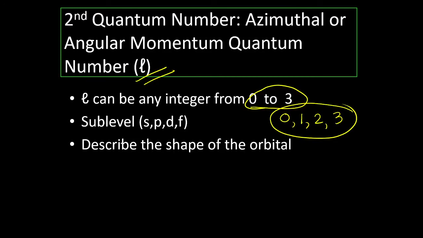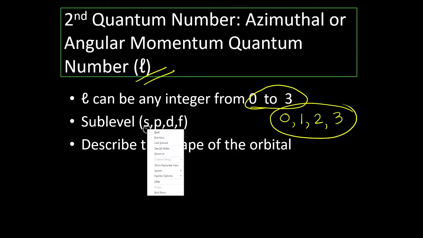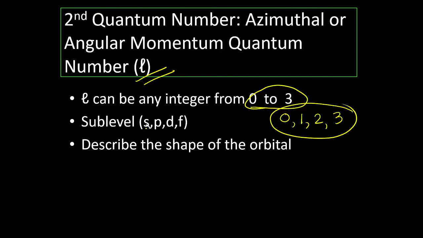Kung S ang subshell nga given, ang iyang number ana 0. Kung P, ang number ana kay 1. Kung D ang given, ang value sa L is 2. If F na siya, ang value ana 3. So we need to remember that.